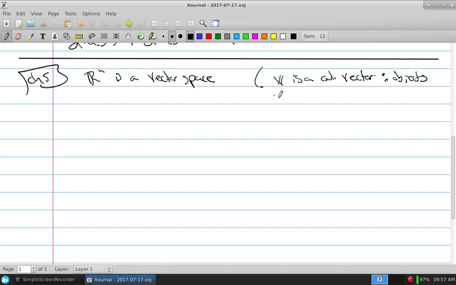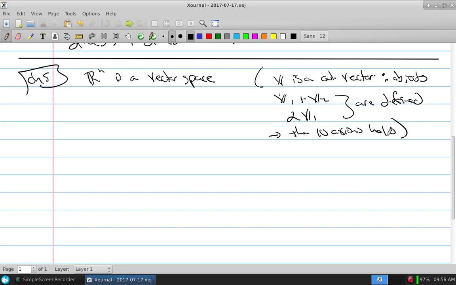And then we have that v1 plus v2 and alpha v1 are defined as normal, right? As the normal vector addition and scalar multiplication. And then we have the 10 axioms hold. So when we say things like you have a vector space, it means that you have your objects, the addition is defined, the scalar multiplication is defined, and these 10 axioms hold.